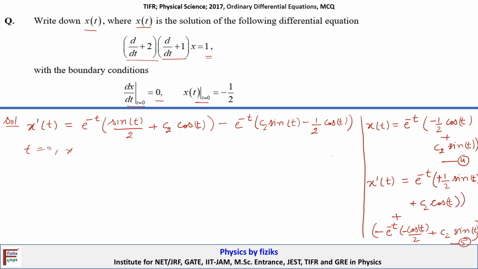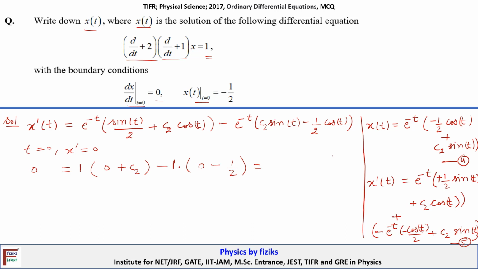The exponential term becomes 1 at t = 0, and this term becomes 0 due to sin t, plus c2, and cos t becomes 1, then minus the exponential term, again 1 due to t = 0, and the term with the c2 coefficient becomes 0 due to the sine, and this term becomes -1/2.